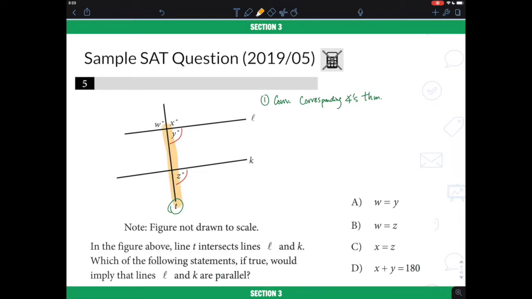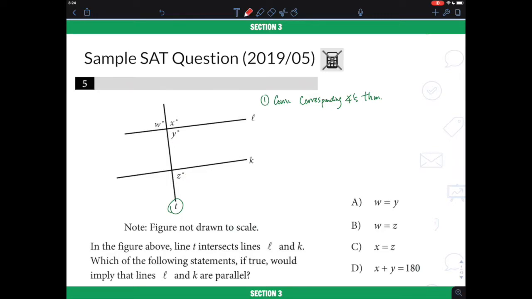In order to find the corresponding angles, I like to think of the letter F, as you can see here that I highlighted. If you can find the letter F with the lines, then the armpit area of the F would be the corresponding angles. We don't have that option. Of course, there are other options with corresponding angles.